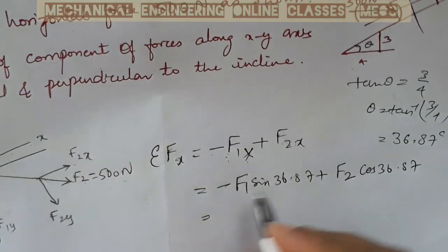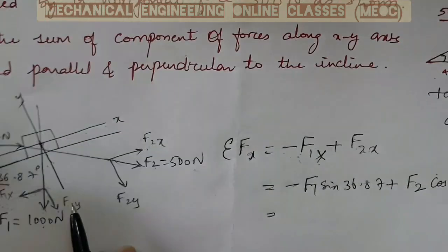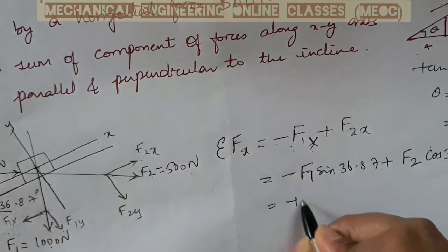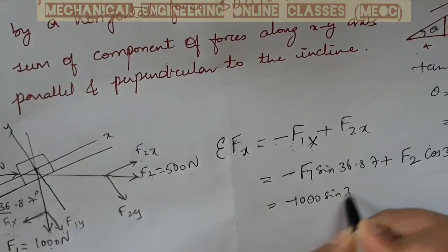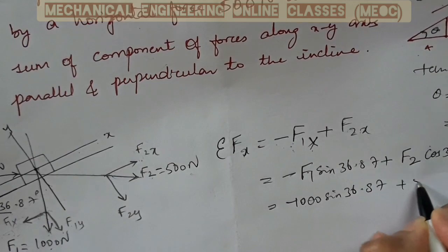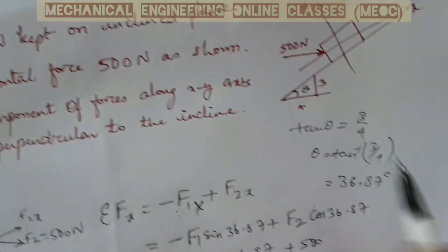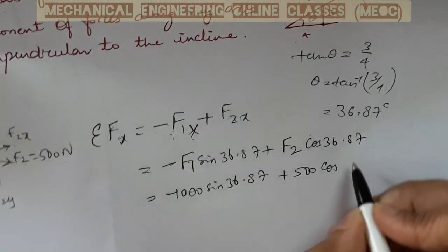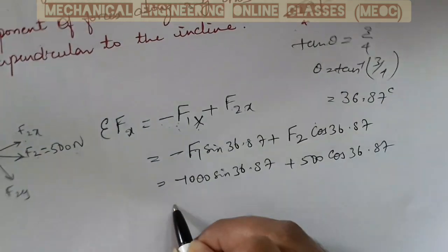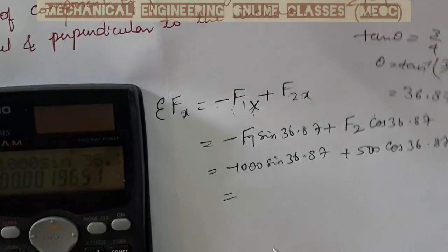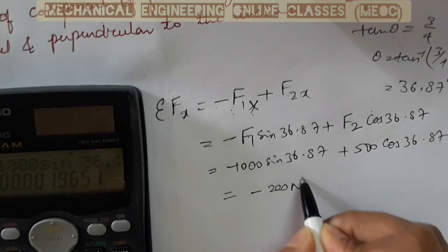Now we know F1 and F2. F1 is 1000, so this is minus 1000 sin 36.87 plus F2 is 500 cos 36.87. So this will be equal to minus 200 Newton.